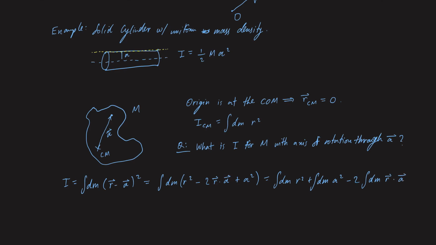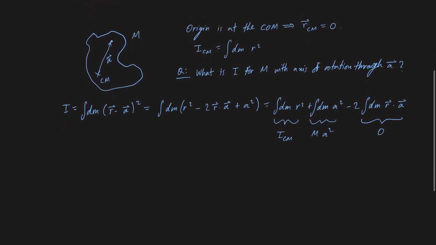We notice that this first quantity here is I cm from before. Because a is a constant, the last integral just gives us m times a squared. And this middle integral actually gives us 0. Let's see why that's the case.